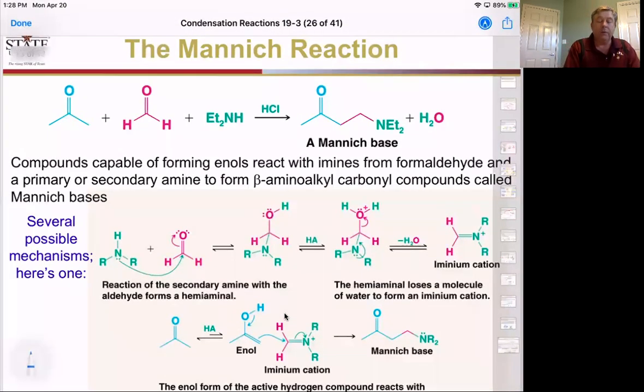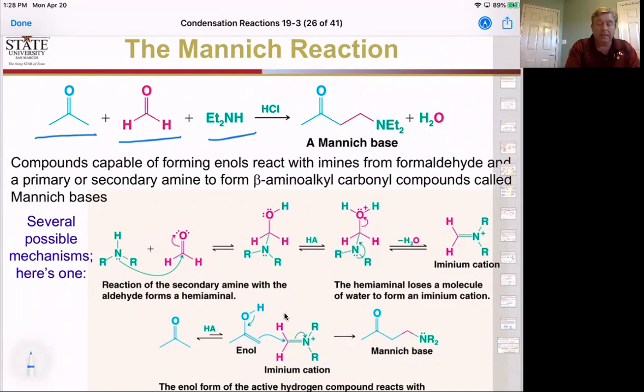Okay, so the first step is we have to have a ketone, we have to have formaldehyde. It has to be formaldehyde, and we have to have some kind of primary or secondary amine. Okay, we have to have a primary or secondary amine because it has to have at least 2 hydrogens to remove, so we can remove water from the system. Okay, so it can be primary or secondary.